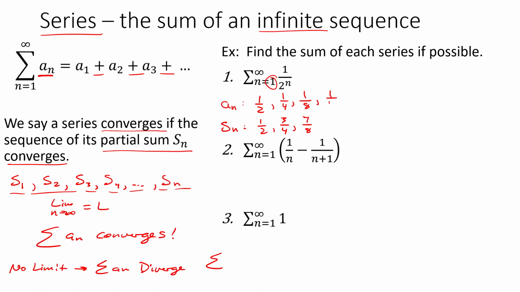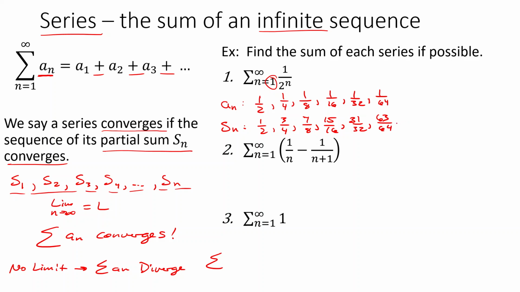Our next term is 1/16. So if we add 1/16 to 7/8, this would be 14/16 plus another 1/16, so that'd be 15/16. All right, then we got 1/32. So that'd be 30/32 plus 1, so that'd be 31/32. And this would be 1/64th, and this would end up being 63/64.